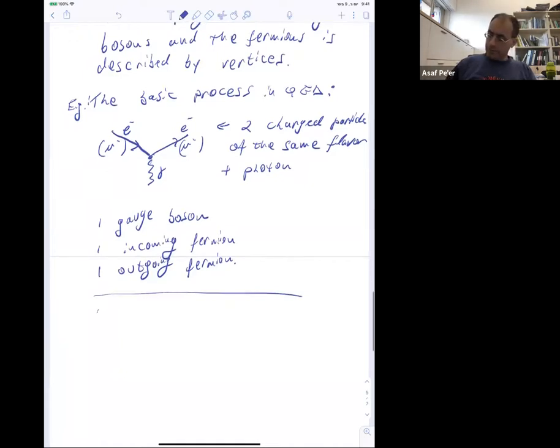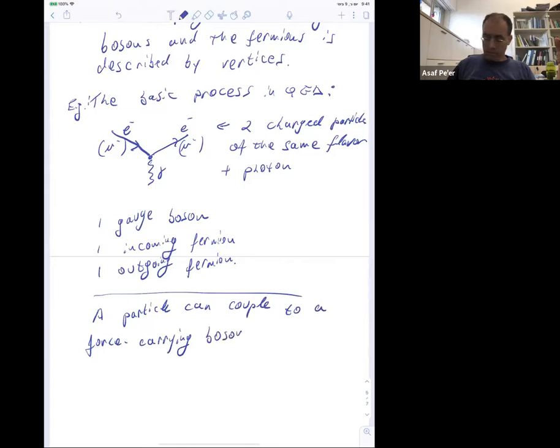A particle can couple to a force-carrying boson only if it carries the charge of the interaction.